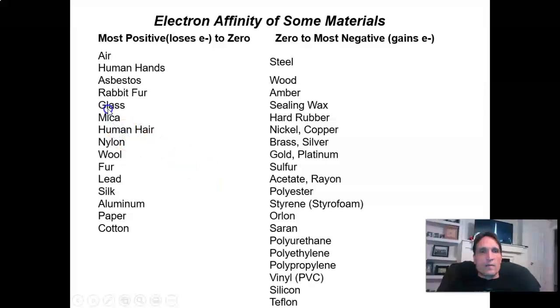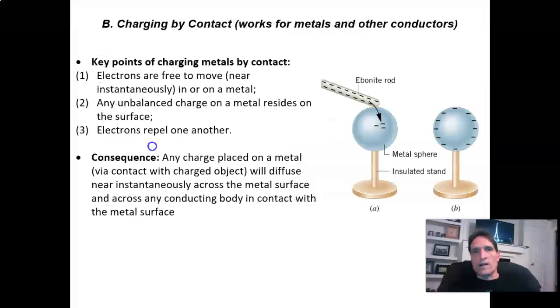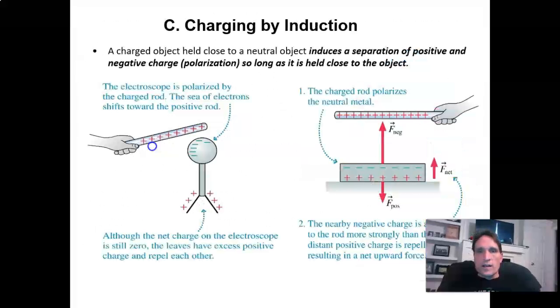You'd have to take a glass rod, if you want to charge it positively, and rub it with a silk cloth. The glass rod will give up charge and become positively charged. The silk will become negatively charged. So that's acquiring a positive charge. And then we can bring it near any neutral object, and you're going to get the same effect.